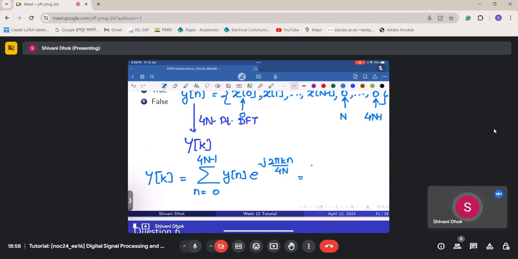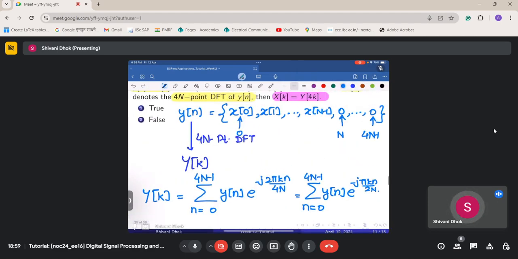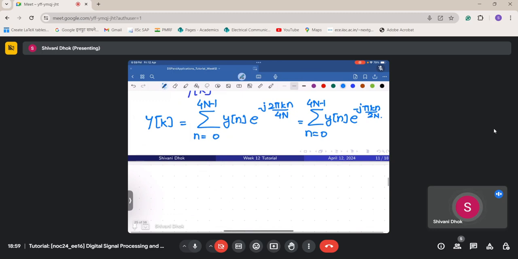This comes out to be the summation of y[n] into e power minus j pi k n by 2N. Now for n equal to 0 to N minus 1, y[n] is equal to x[n], and otherwise it is 0. So I can split this summation into two parts.